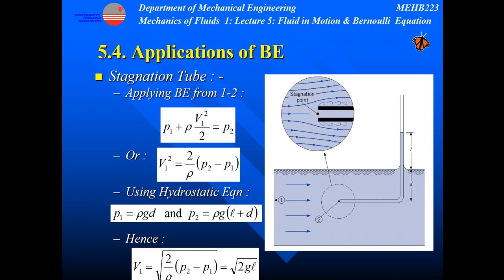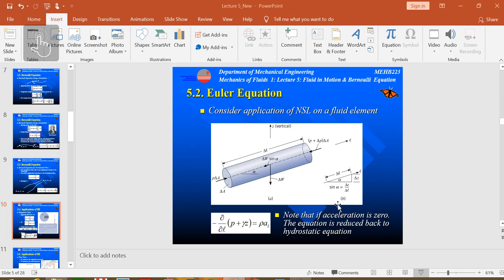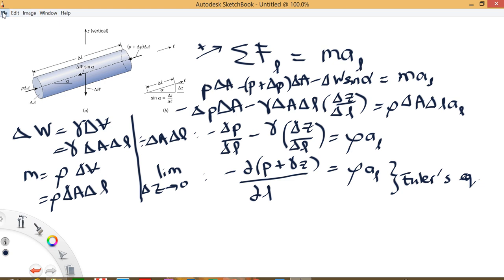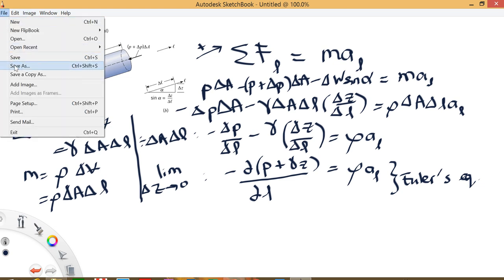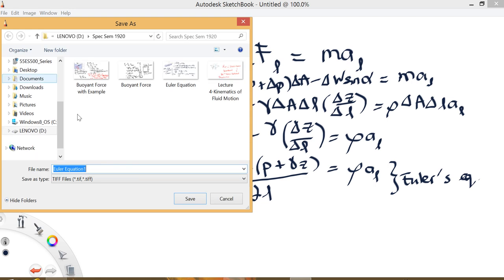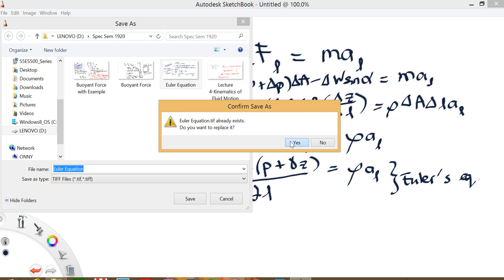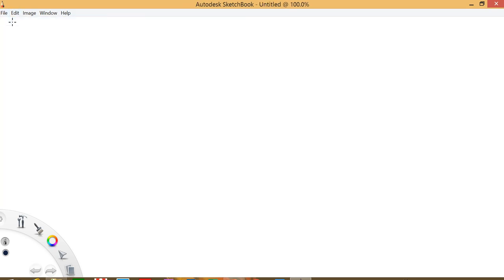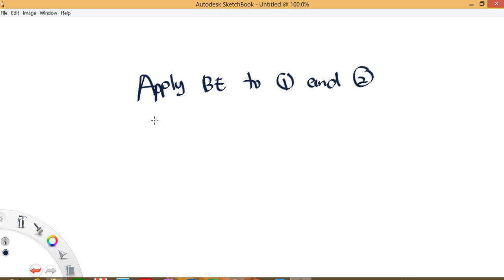Let me write the equation. You have point 1 and point 2, so you apply the Bernoulli equation to points 1 and 2. Point 1 is before the tube.